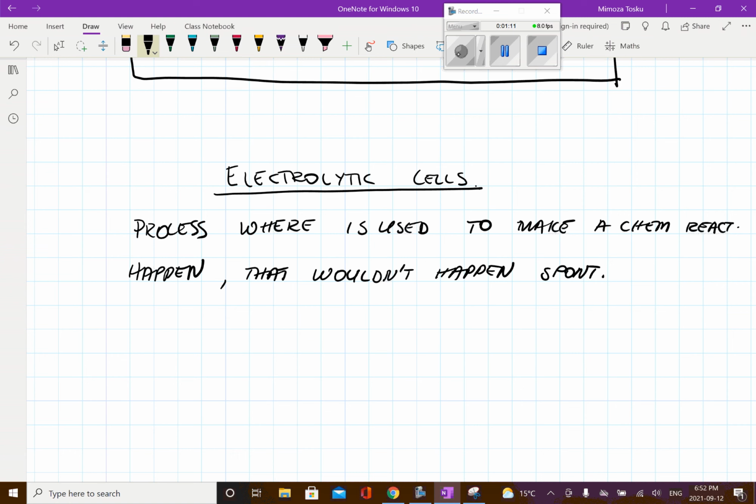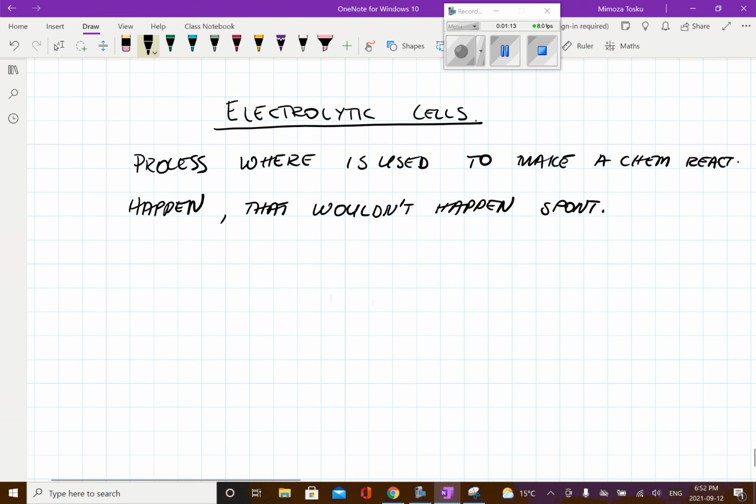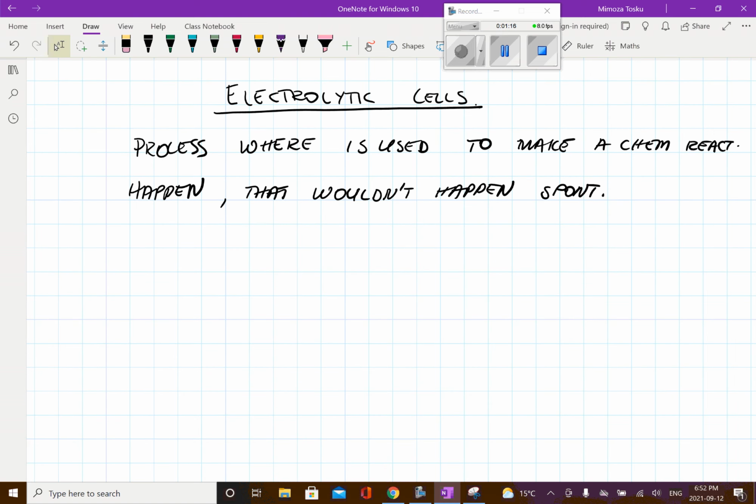So let's suppose that we see table salt. Usually what electrolytic cells and electrolysis do is break down the compound. If we have table salt in our home, it will stay as table salt forever, and will not be decomposed into sodium ion and chloride.